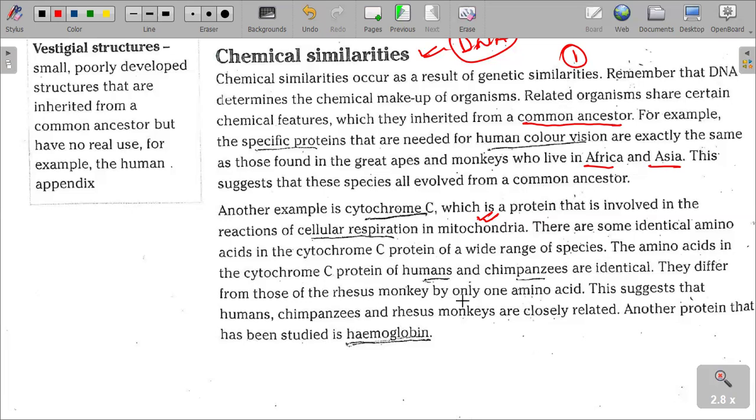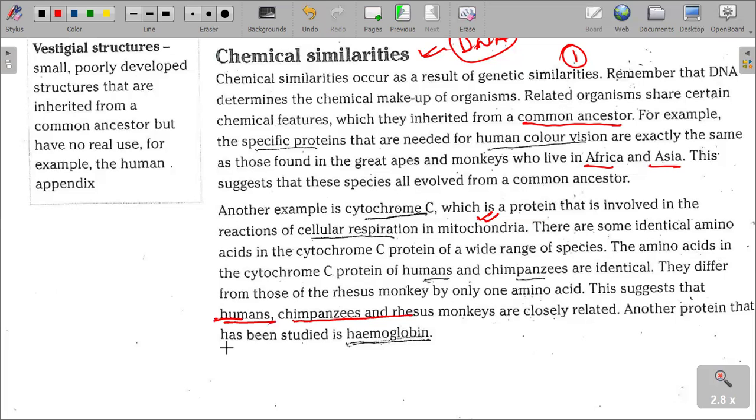They differ from those of rhesus monkeys by only one amino acid, which suggests that humans, chimpanzees and rhesus monkeys are closely related. If you look on the cladogram, the phylogenetic tree diagram, humans are always closely related to chimpanzees.